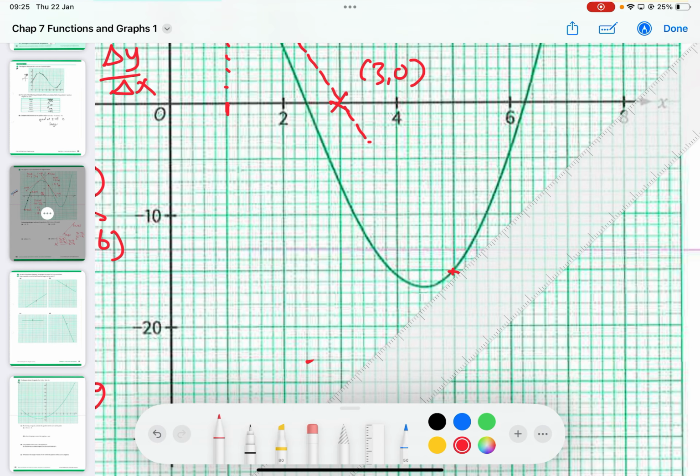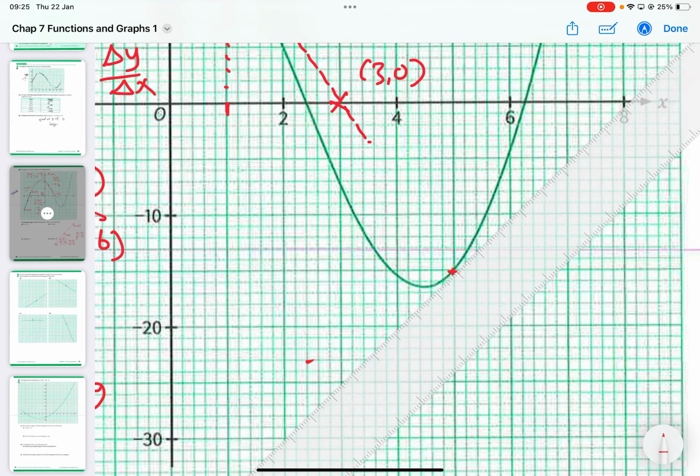Because now you are at the point, what you want to find is actually the gradient at that point of the curve. So to find the gradient at that point of the curve, I draw a straight line. Oh, when got ruler, my line will straight away be along the ruler.